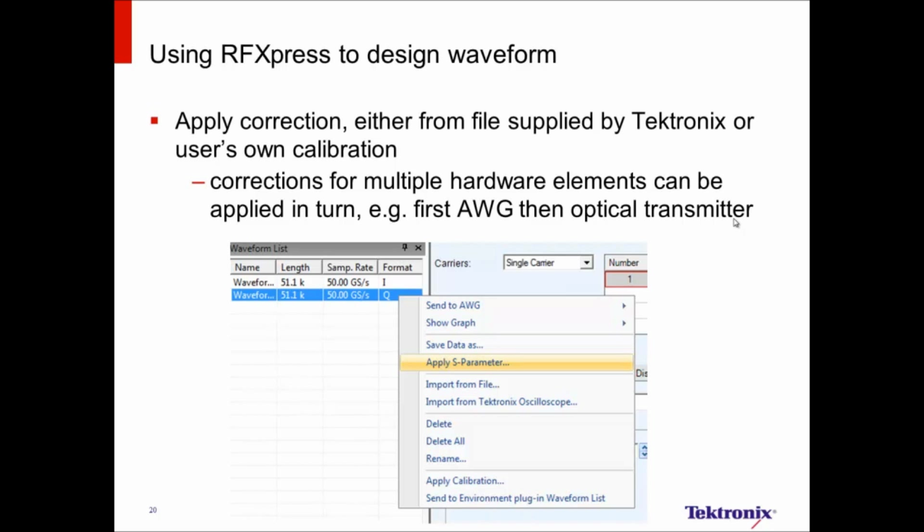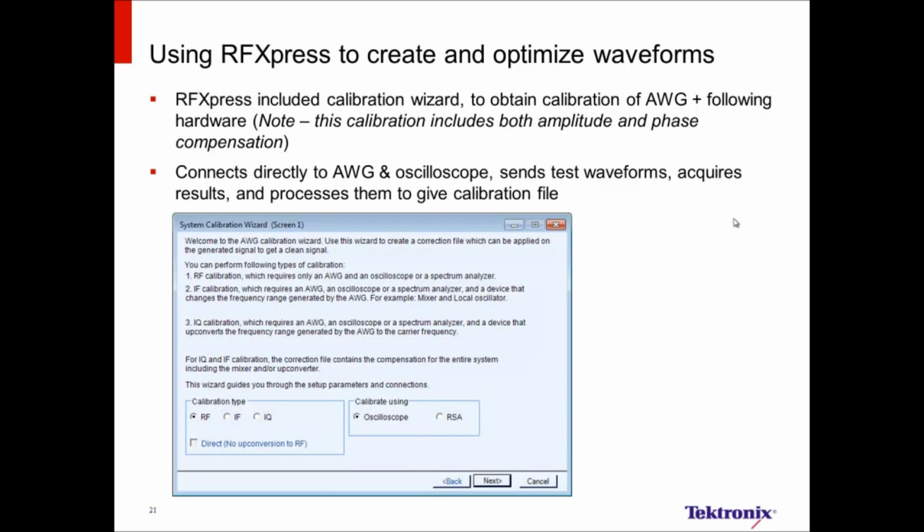And we do provide the S parameter file for the optical modulators, such that you can use that S parameter as part of your waveform compilation, and then have a complete waveform that gives you the full compensation. So as we see here, this is the wizard that takes you through the calibration, and you can use either an oscilloscope or a real-time spectrum analyzer in order to do this calibration.